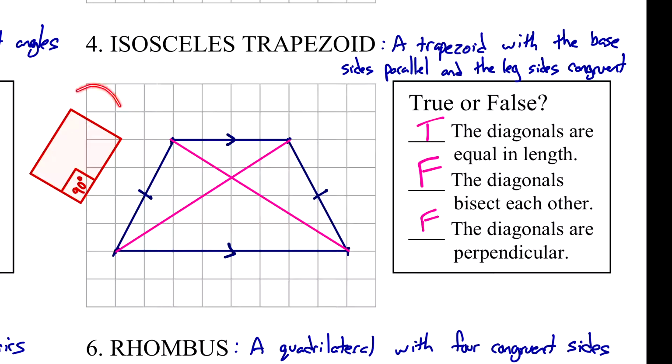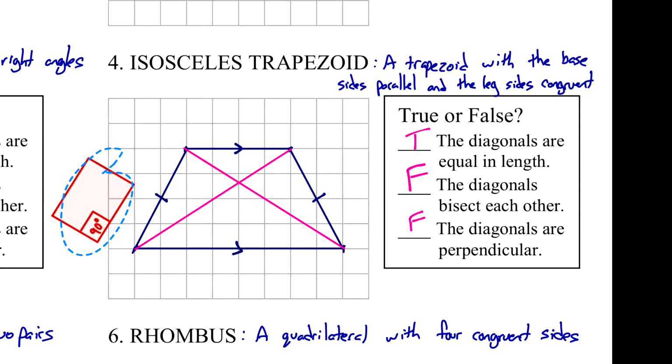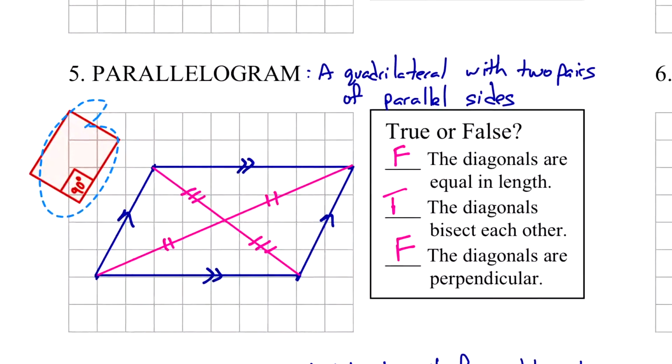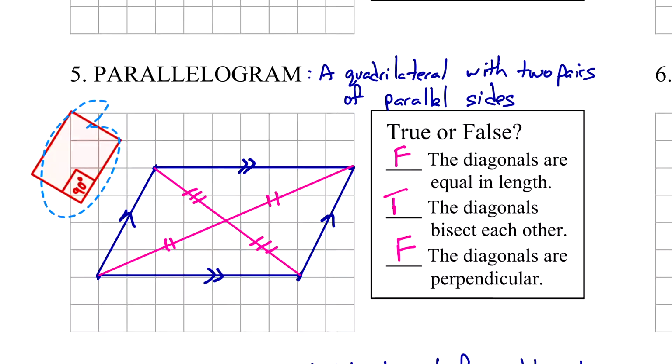All right. And let me take this. And we have our parallelogram. So diagonals are equal in length. Nope.